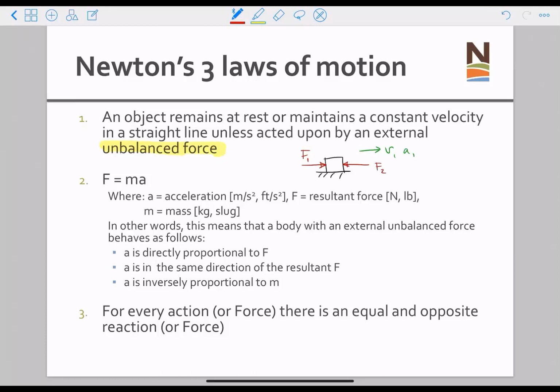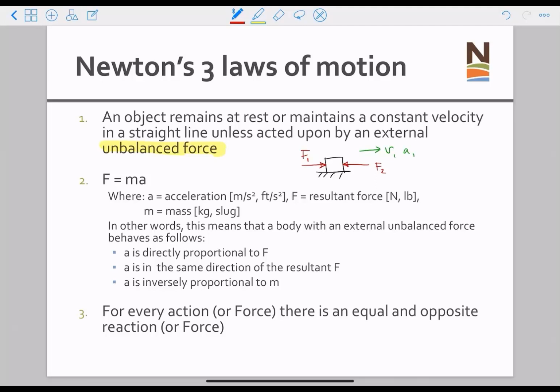As a result, the box remains at rest. It does not move. That's what we mean by an unbalanced force. There can be multiple forces, any number of forces applied to the object. But it's the fact that it's an unbalanced force that allows it to accelerate in a given direction.